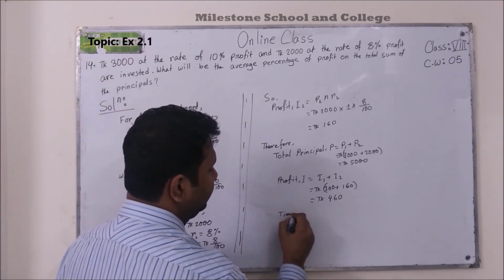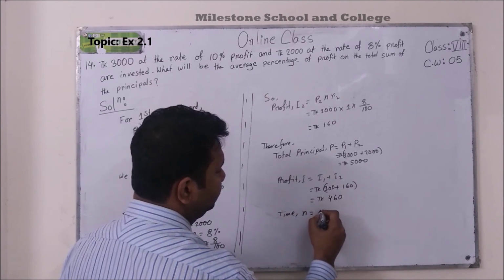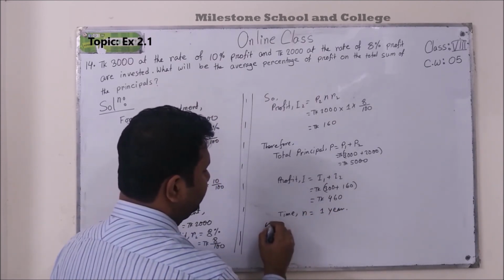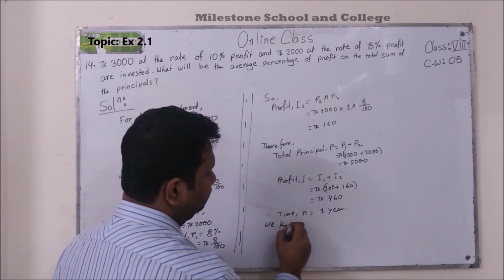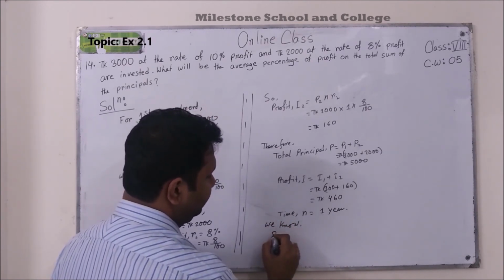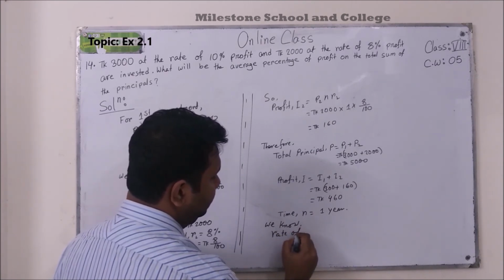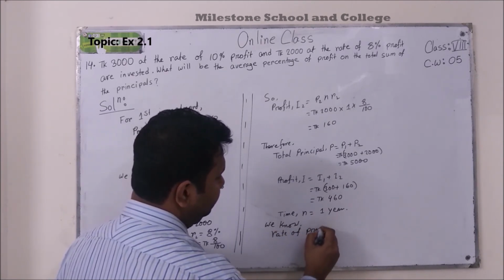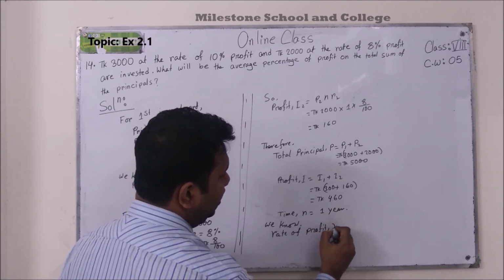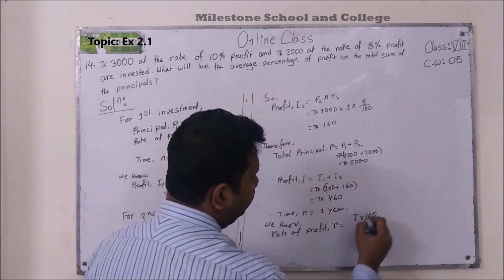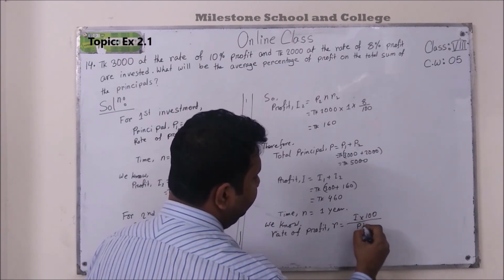Time n equal to 1 year. We know the rate of profit is equal to I into 100 by Pn.